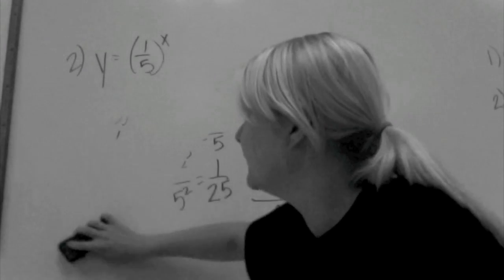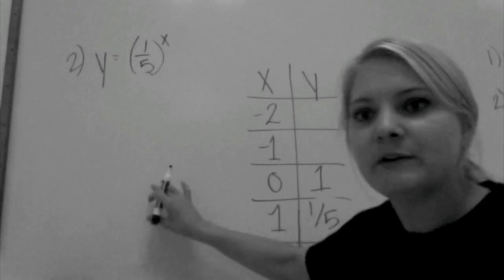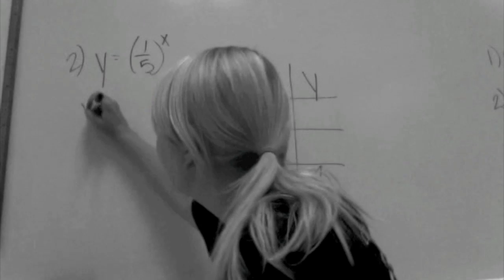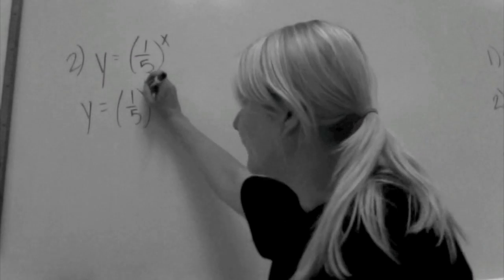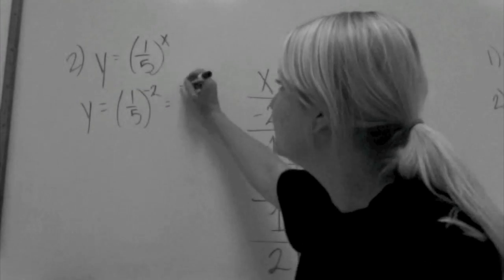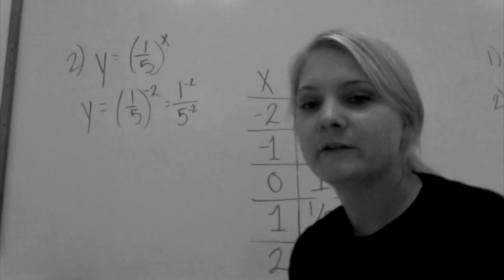So the negative exponents is going to be a combination of what we talked about in problem 1 and also what we just covered in problem 2 using the quotient of powers property. So y equals 1/5 raised to the power of -2. So here we're raising both the numerator to the power of -2 and the denominator to the power of -2.